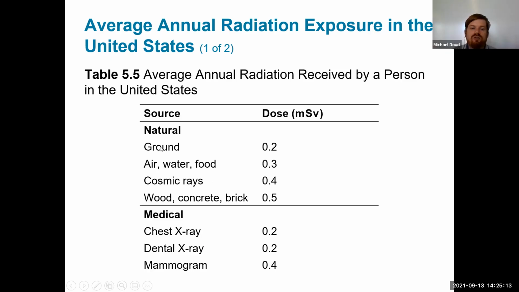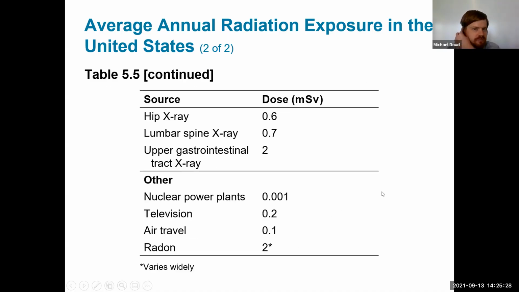For example, when you go in to get an X-ray for your chest or for your teeth, you're going to take a dose of about 0.2 millisieverts each, and that's pretty safe. That's fine. And a mammogram takes 0.4 millisieverts. Now, as we go down here, we're getting more and more of this radiation, as we see here.